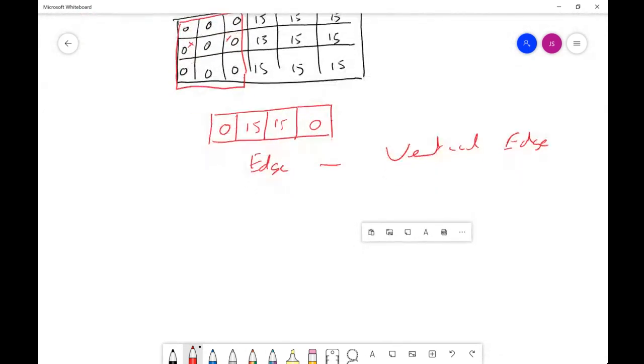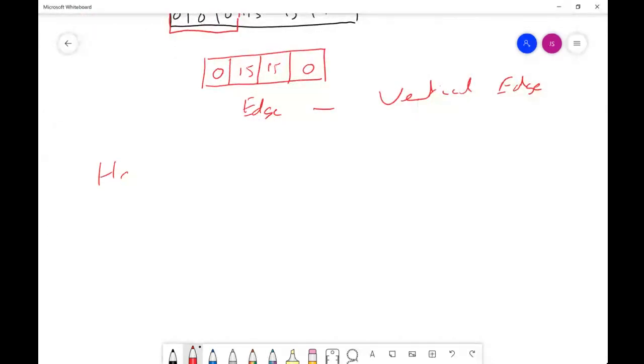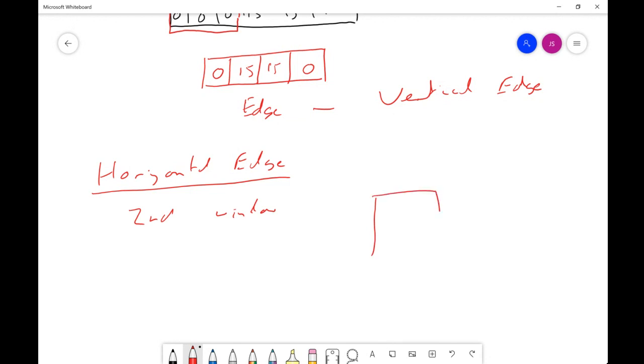What about the horizontal edge? We use a second window, and the weights in the second window are going to be, I'll use my 3x3, 0, 0, 0, 0, 0, 0, 0 in the middle, but the key ones are +1 and -1.